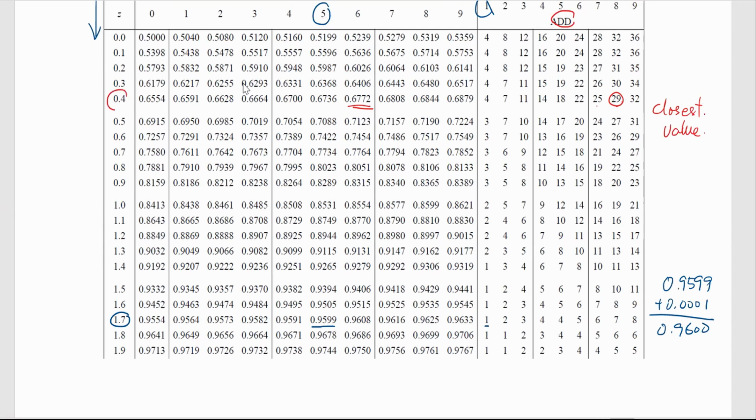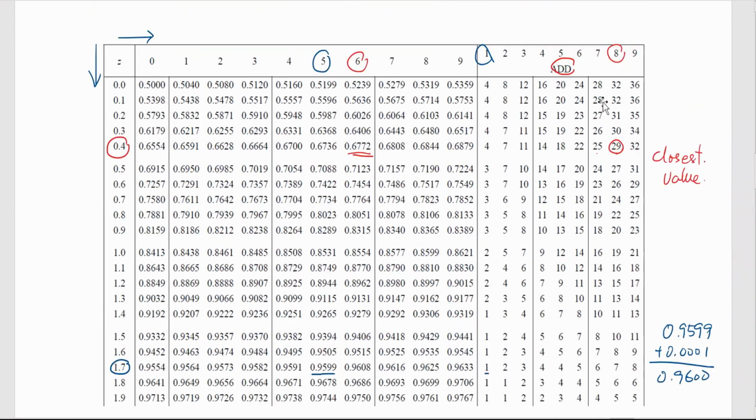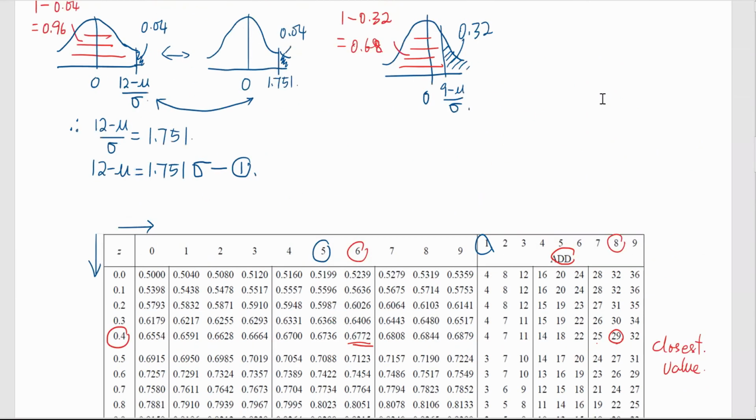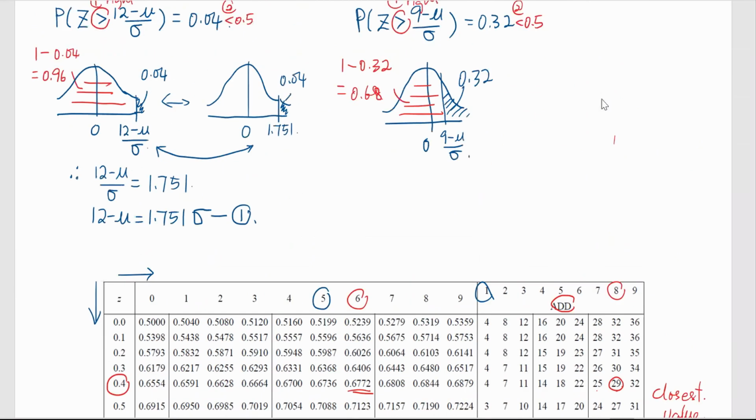Hence, the corresponding z-score is 0.468.